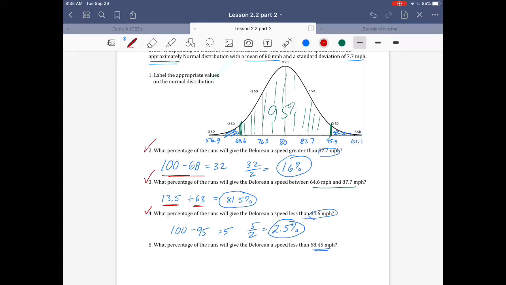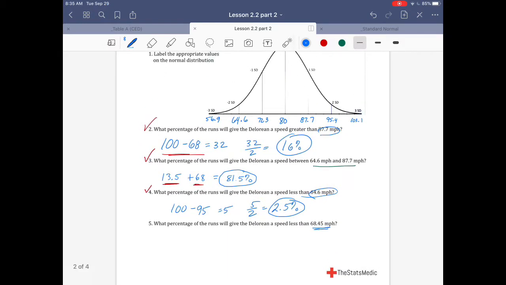So where does that leave us with number 5? If you thought it through for a quick second, I accidentally erased my 64.6 here. Now, in number 5, what is the problem? 68.45 falls somewhere in this region, somewhere between 1 standard deviation below the mean and 2 standard deviations below the mean.